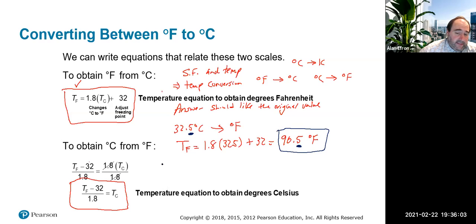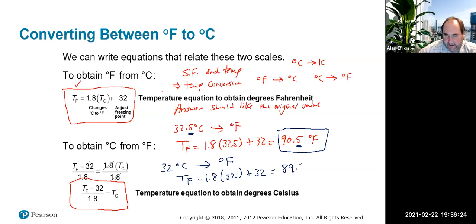Now, if we did, say, just 32 degrees Celsius to degrees Fahrenheit, we would do the same calculation here. And let's see what we get. We end up with 89.6 when you punch it into your calculator.